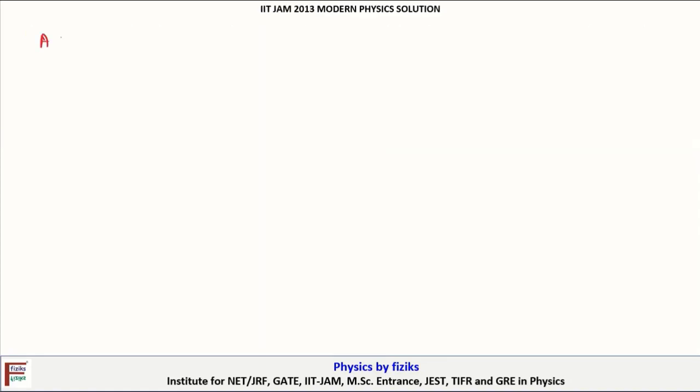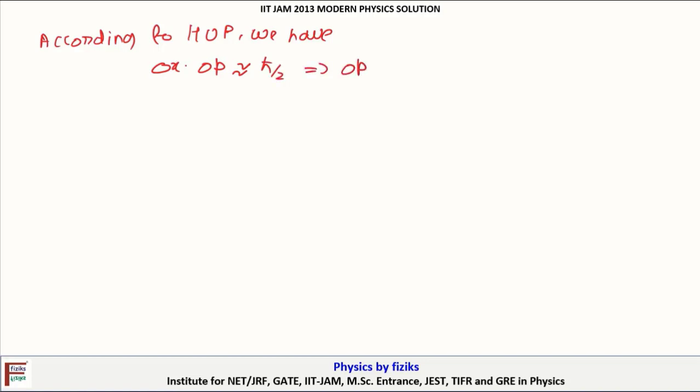According to the Heisenberg uncertainty principle, we have Δx Δp ≈ ħ/2, which implies Δp ≈ ħ/(2Δx).